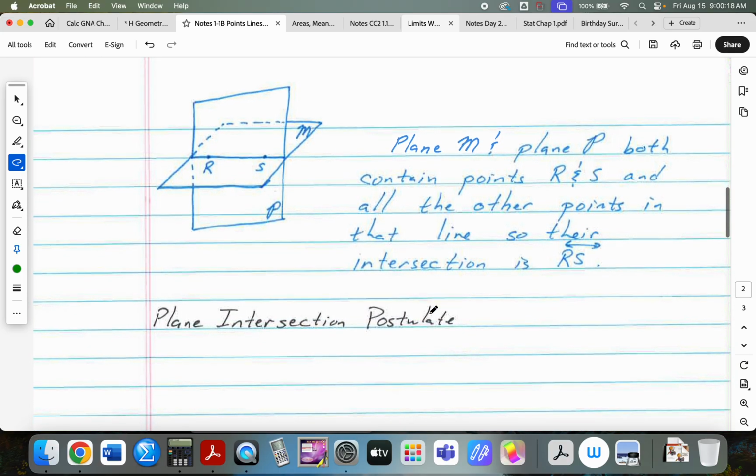All right. Let's turn over to the next page. So this is how we illustrate two planes intersecting one another. Remember, a plane is just like a flat surface. So here, basically what we have is this giant three-dimensional plus sign.